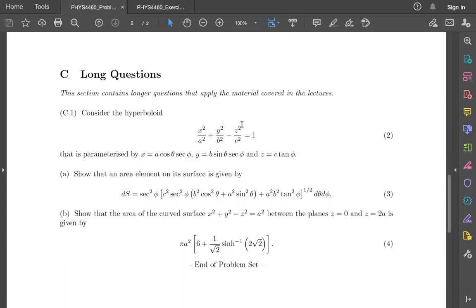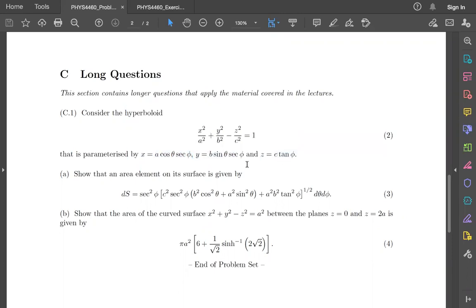A point in three-dimensional space can always be given by three numbers, X, Y, Z. This is the Cartesian expression, the most straightforward and understandable way to give the coordinates. The X, Y, Z here is parameterized by this expression.